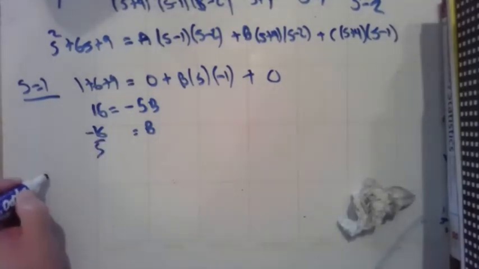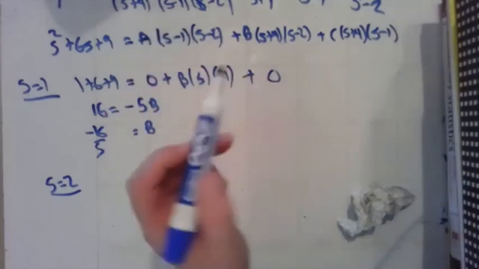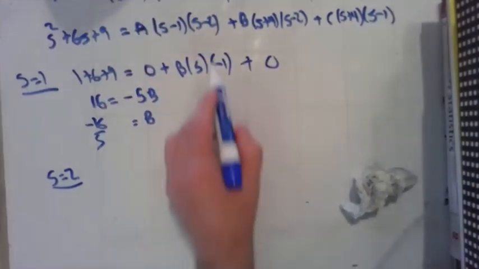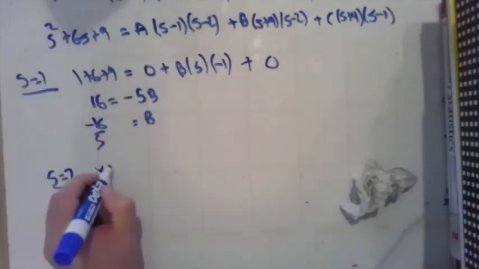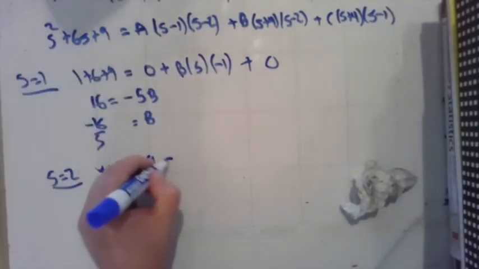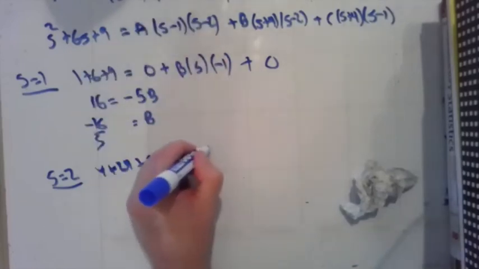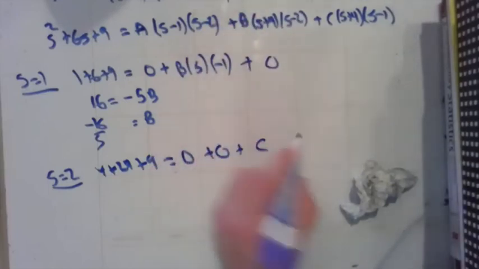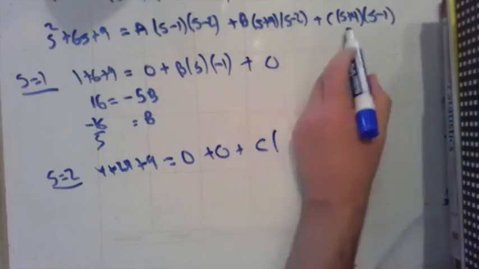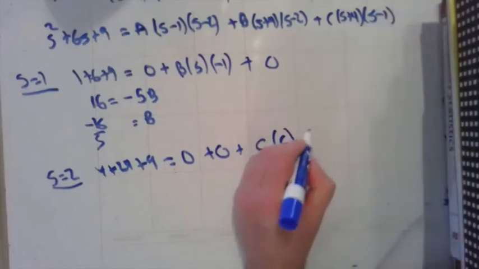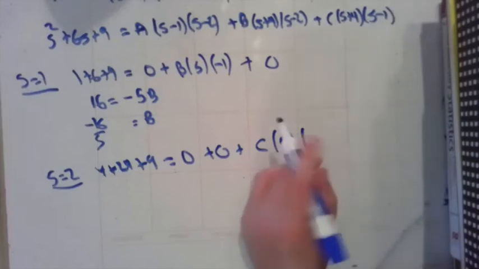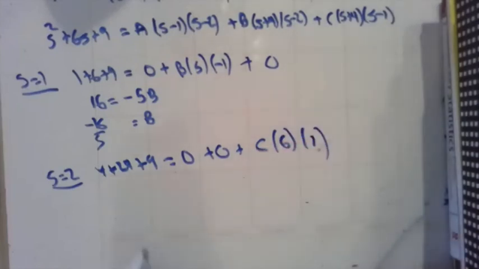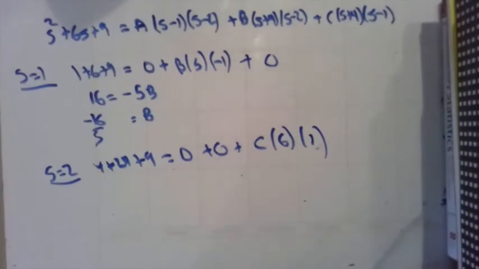You can plug in any value of s, but it's helpful to plug in strategic values, values that make a factor 0. If I plug in a 2, I'll get 4 plus 24 plus 9 equals 0, plus, oh, that makes this one 0. C times, plugging in a 2 for all the s's, 6 times negative 1 times 1.